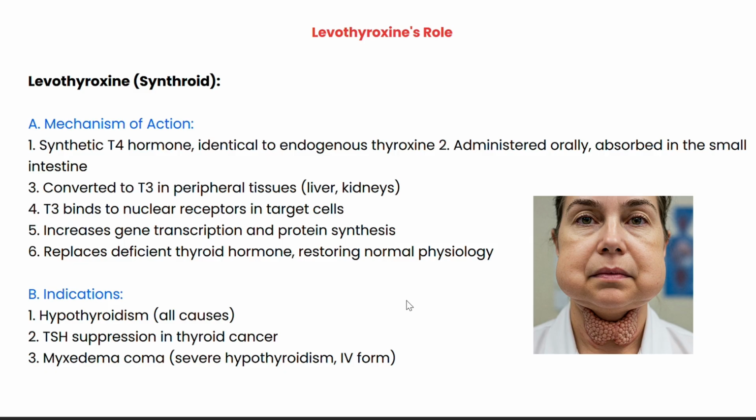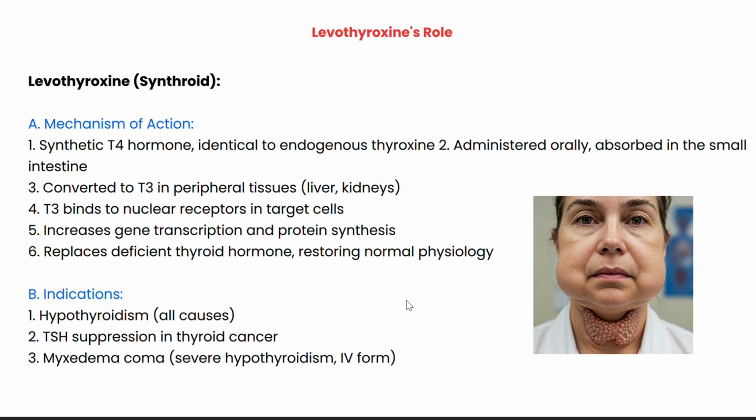This binding triggers the transcription of specific genes and increases the synthesis of proteins that are essential for various physiological processes. In essence, levothyroxine replaces the deficient thyroid hormone, helping to restore normal bodily functions.